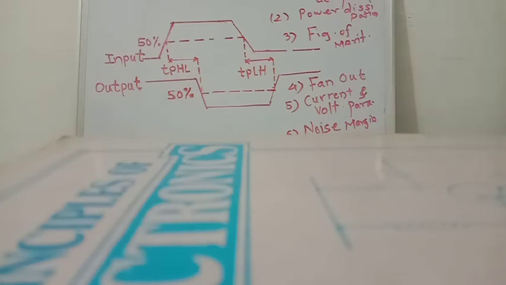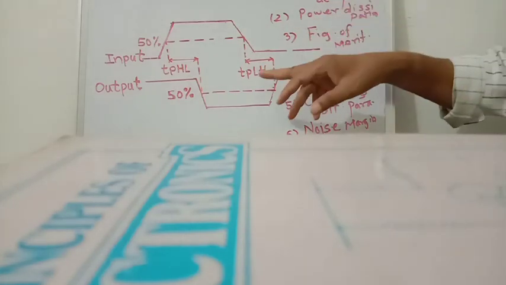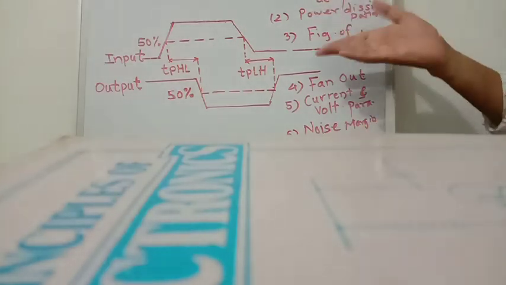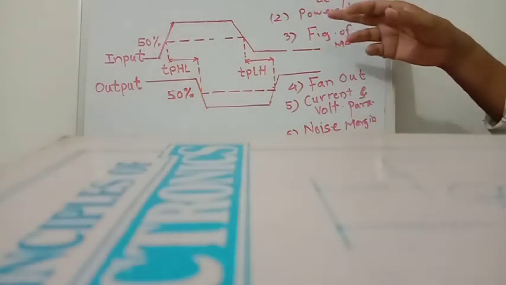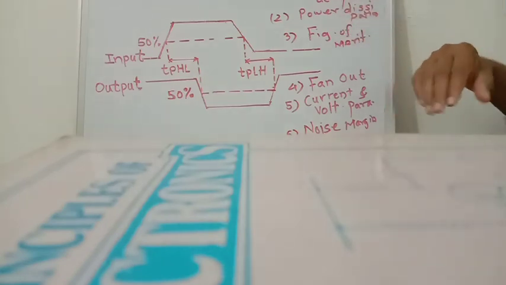So there are two propagation delay times, TPHL and TPLH. TPHL corresponds to the delay time required for the digital IC or gate to change the output from high state to low state, that is, to change the voltage from high level to low level.